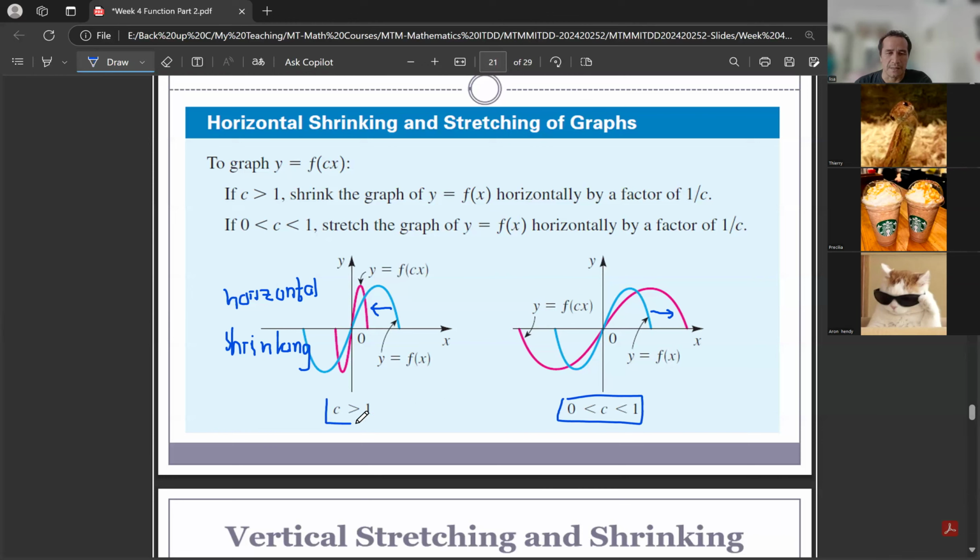For the shrinking one, c must be greater than 1.